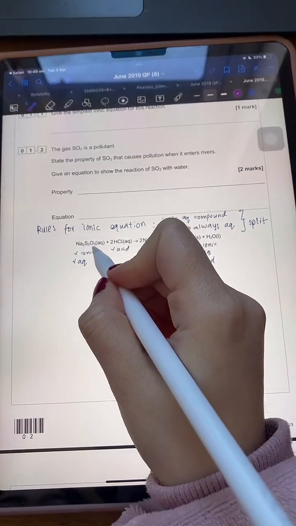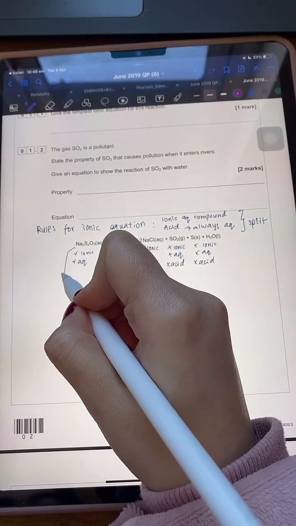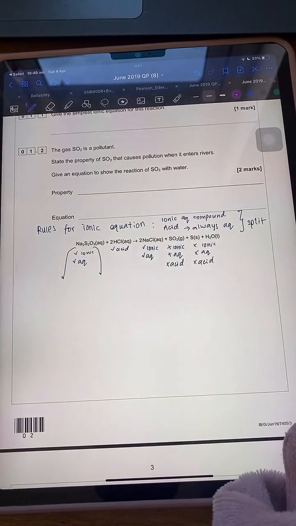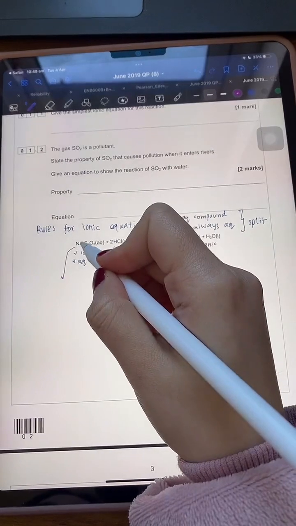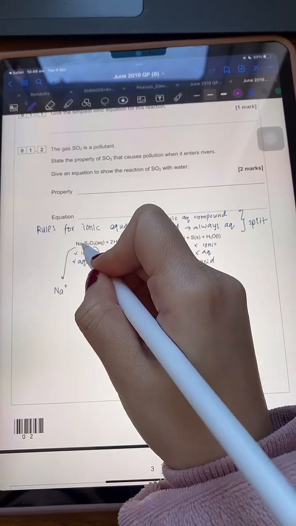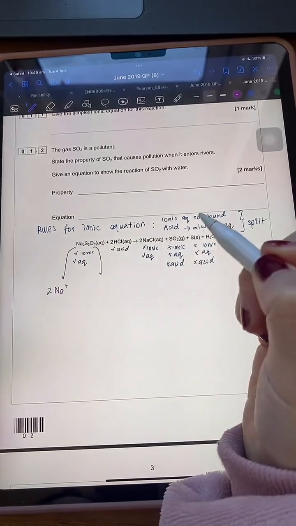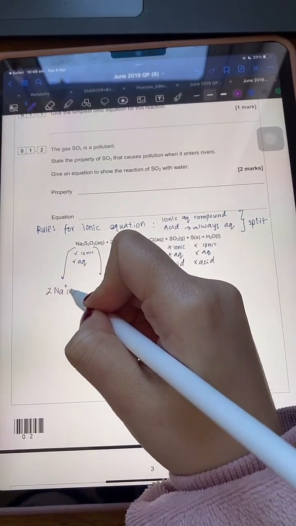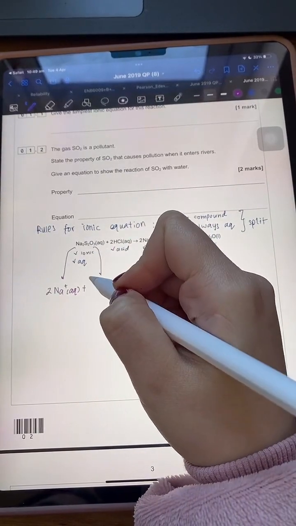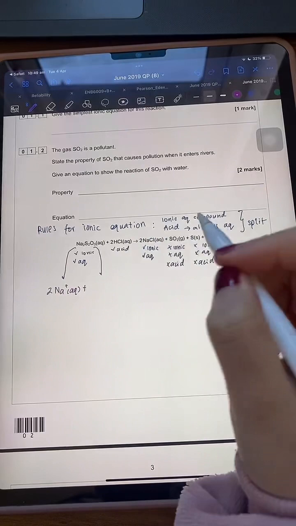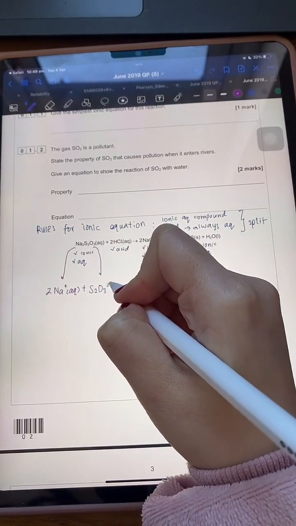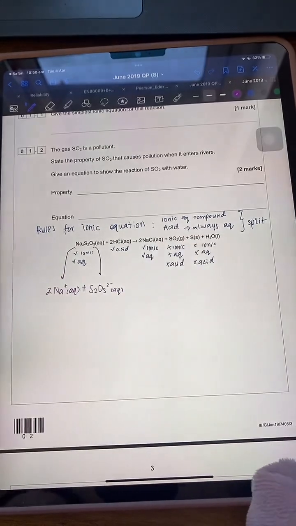For the Na2S2O3, it will split up to form sodium ions and thiosulfate ions. Sodium is in group 1, so that's Na+, but there's 2 of them, so it's 2Na+, aqueous, plus your thiosulfate, which has a charge of 2-, so it's S2O3 2-, aqueous.